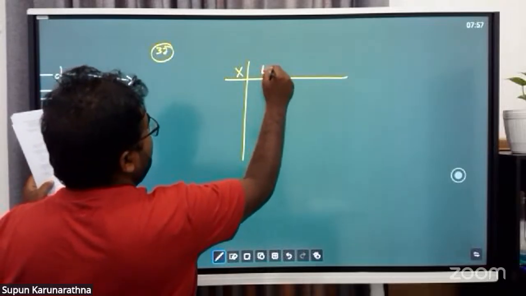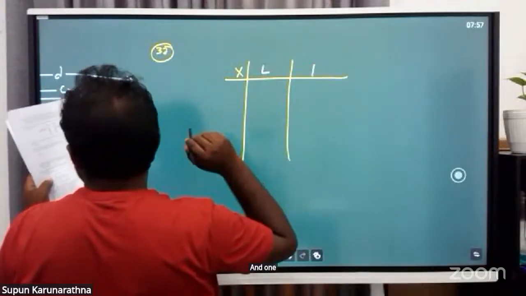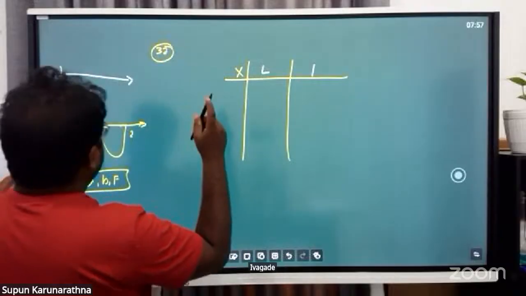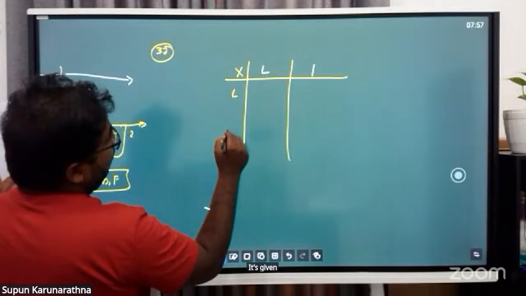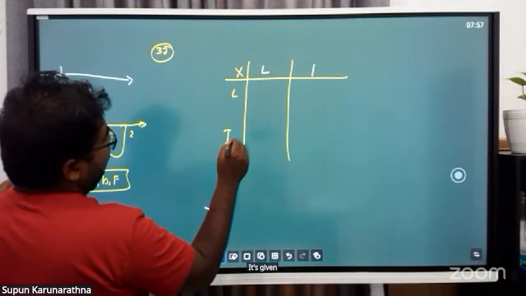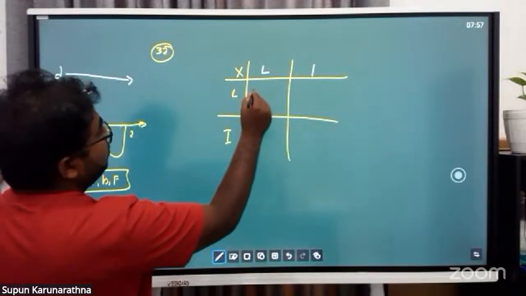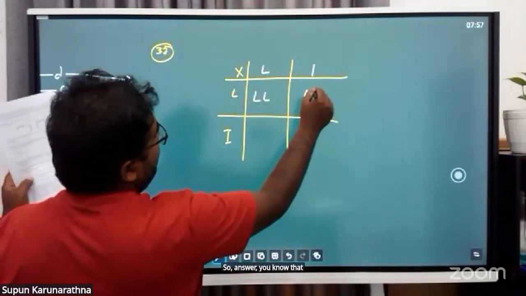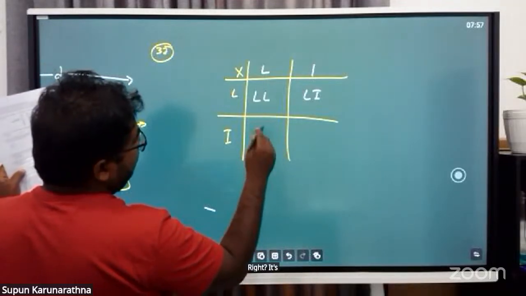Here is given L and I. It's given L and I. So the answer, you know that L, I, right? It's given as a simple Y.